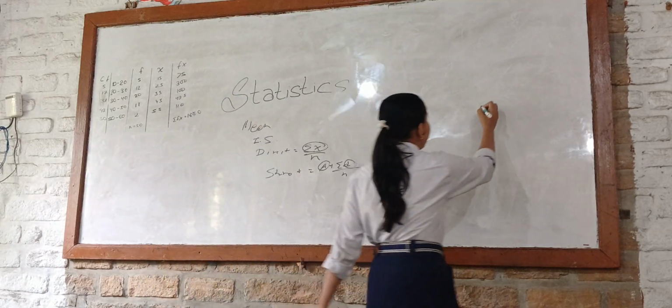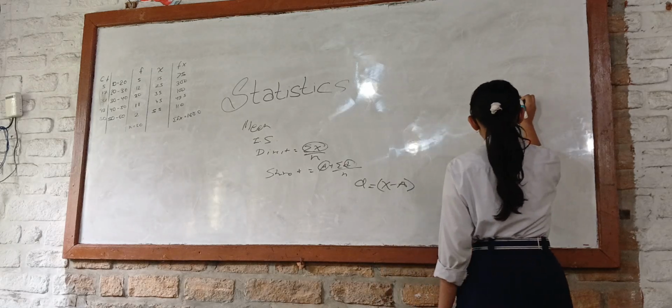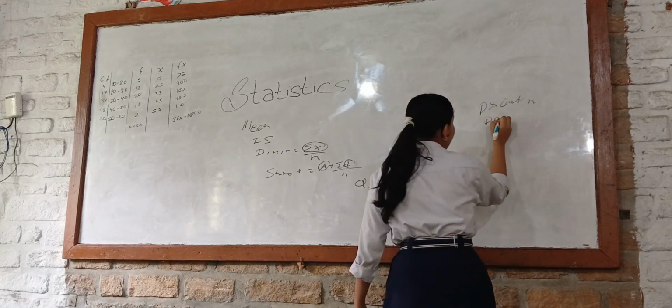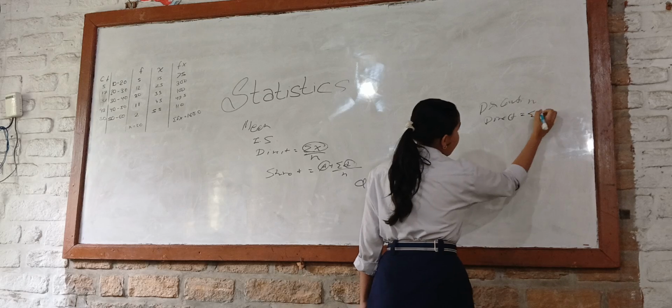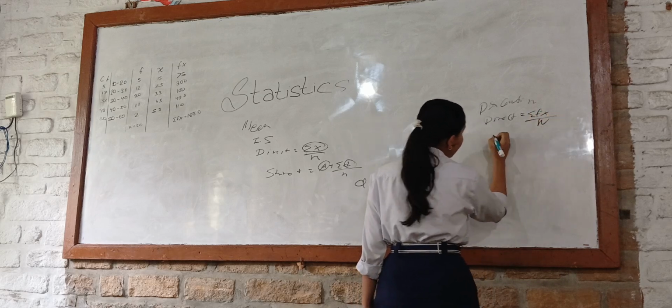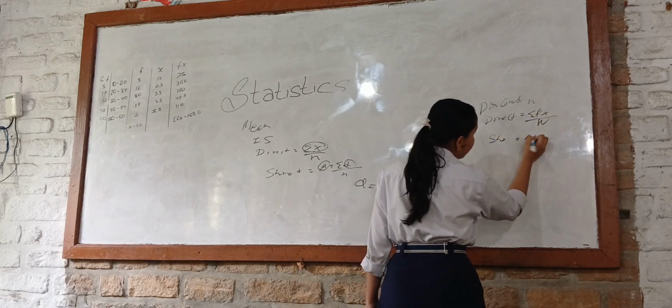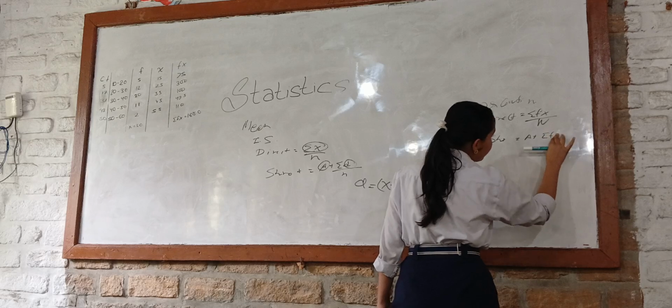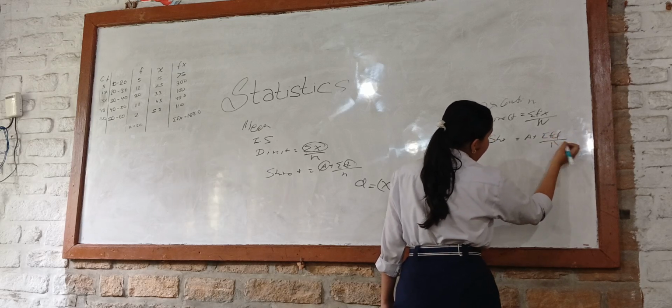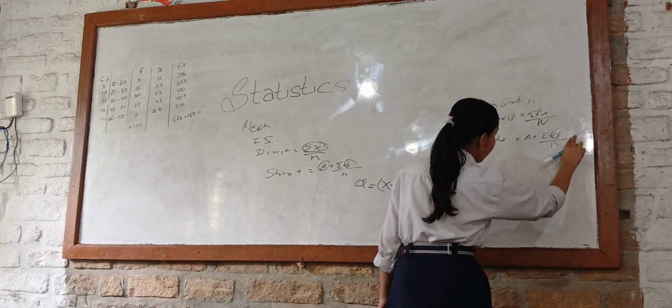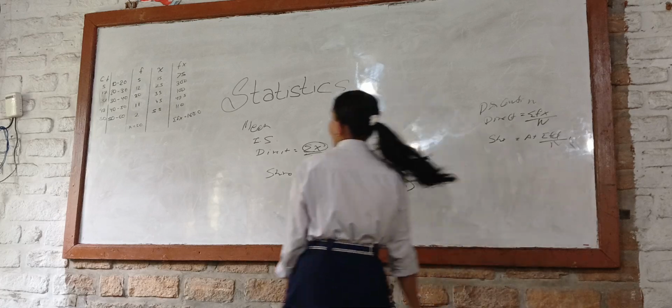Moving on to the direct and continuous. We have the direct method, that is summation f of x by n. The shortcut method is a plus summation f of d by n into n. Here we have the assumed mean.